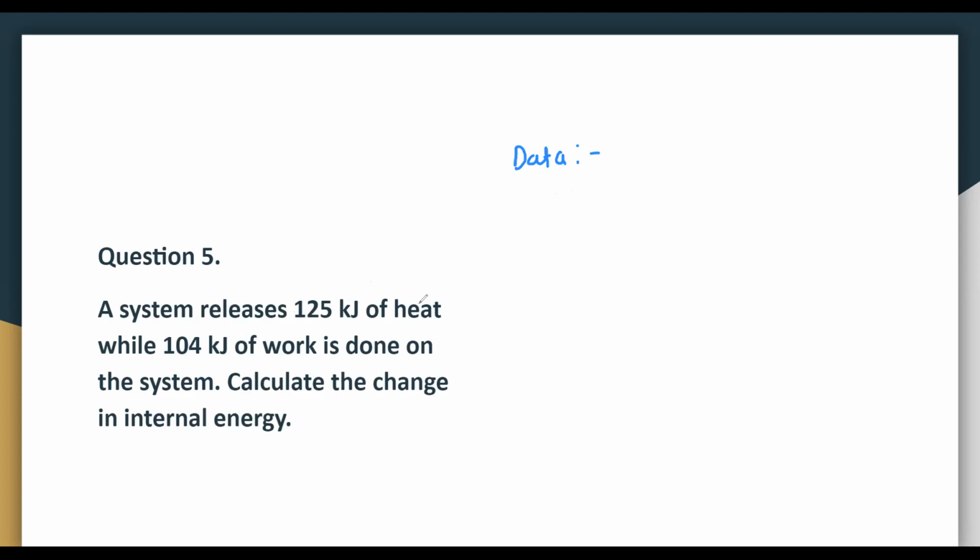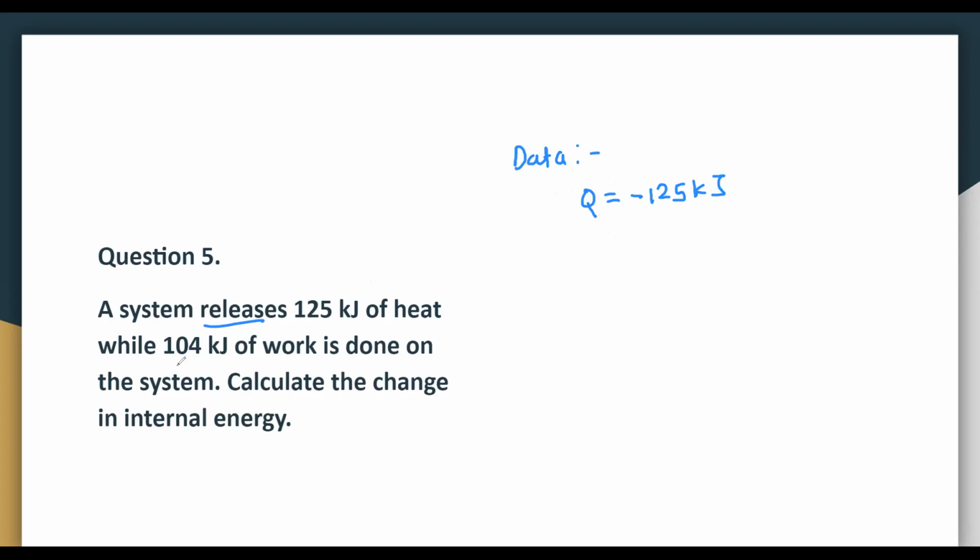So let's write Q is equal to, as here it is given releases, that is why we will put negative sign. So 125, as system is releasing, that is why minus 125 kilojoule of heat.